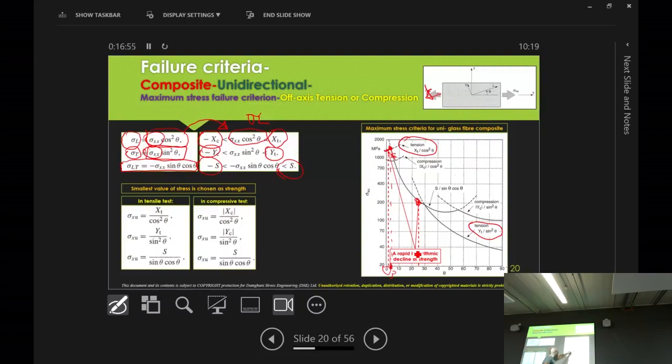And then when you come to that point, what degree is that? 30 degrees. So when you hit around 30 degrees, S over sine theta cos theta, what's that associated to? The shear. So essentially your ply, instead of acting as a load bearing through the fiber, it becomes a shear ply. And strength changes as well.